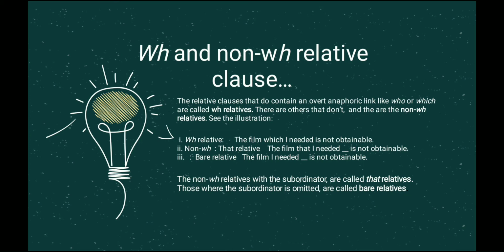For non-WH: the film that I needed is not obtainable. For bare relative: the film I needed is not obtainable. Here, the non-WH relatives with the subordinator are called that relatives because they are marked by the subordinator that. Those where the subordinator is omitted are called bare relatives.